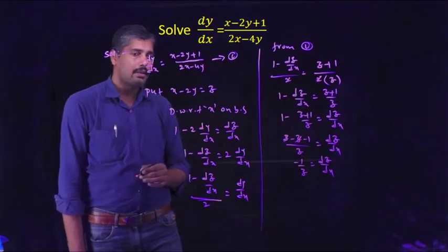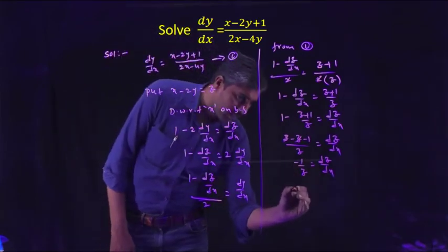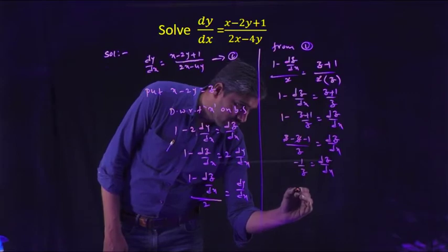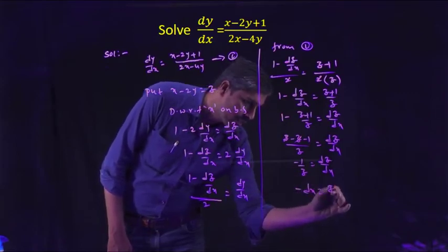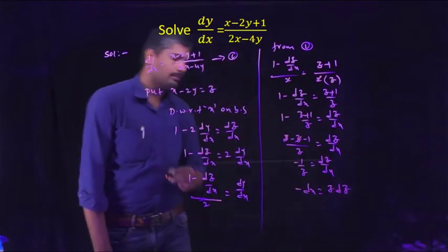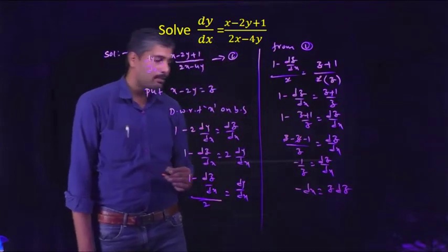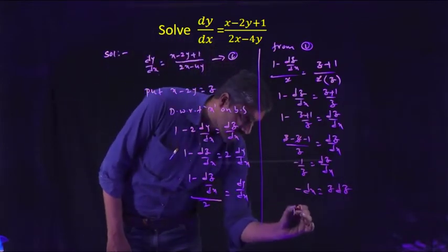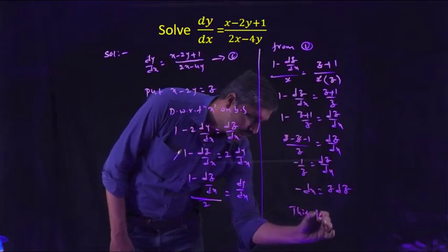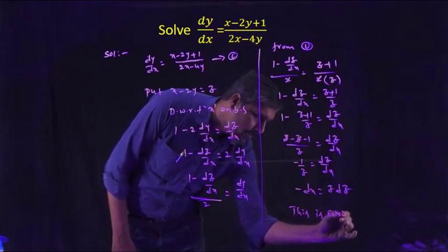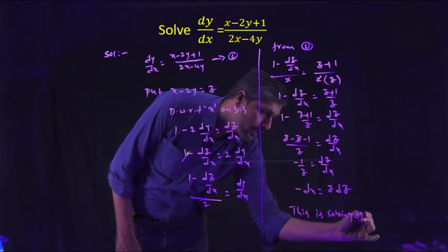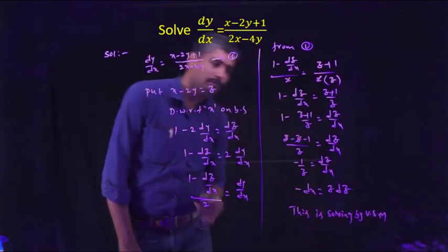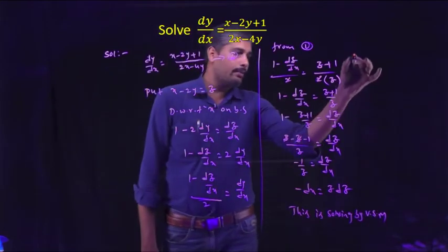Separating x terms and z terms, then we get minus dx equal to z into dz. Right? Integrating on both sides. Clearly, this is solving by variable separable method.